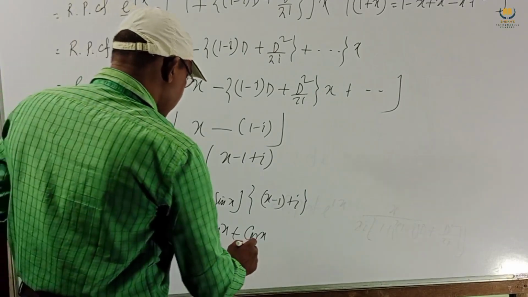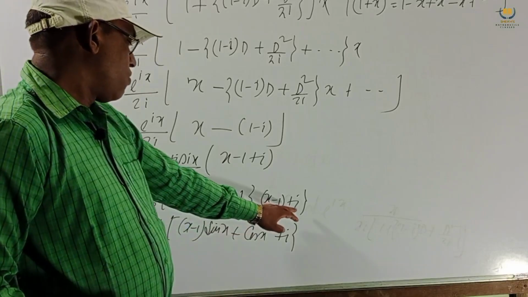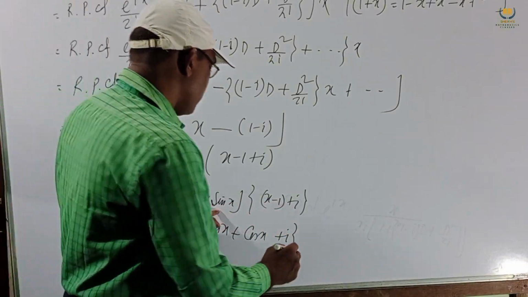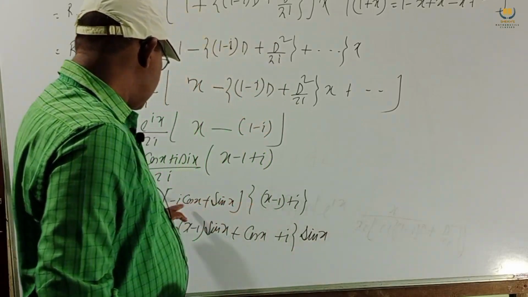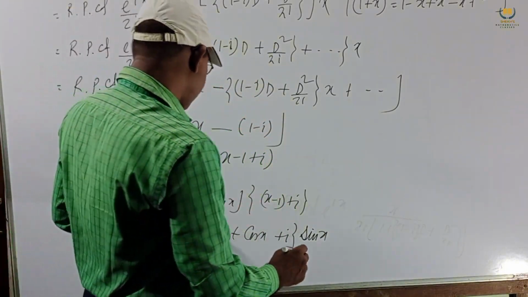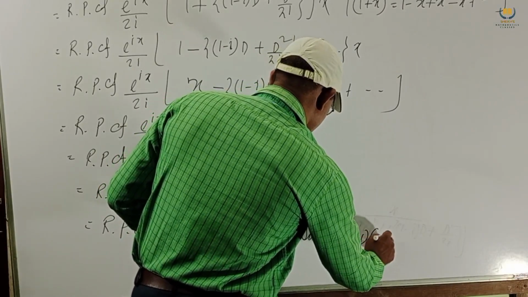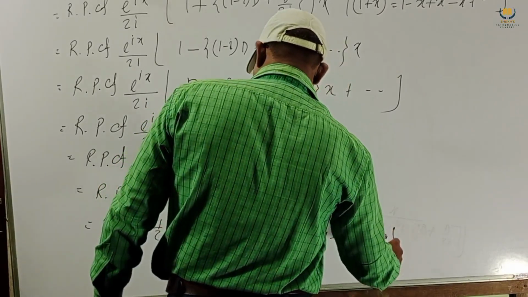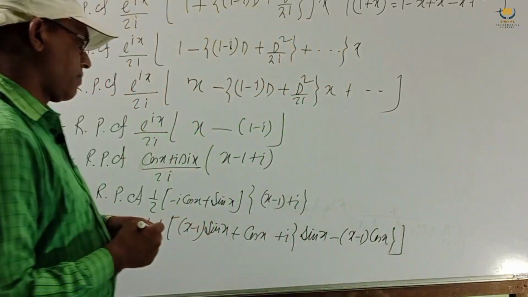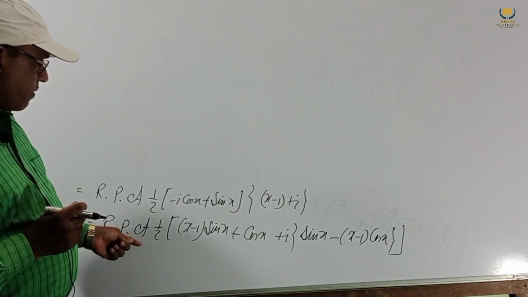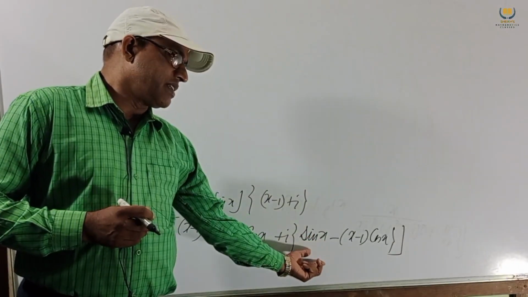And imaginary: i common, i and sin we get imaginary sin x, and this and this we get imaginary minus (x minus 1) cos x. So our requirement is the real part. This is real, this one imaginary.